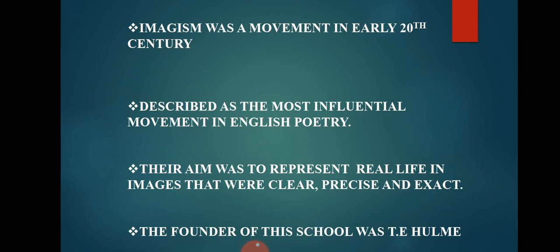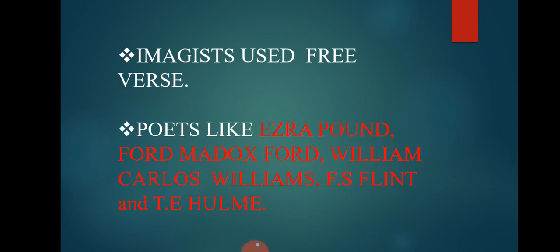As for the founder of this school, it was none other than T.E. Hulme. Moreover, the Imagists used free verse to compose their works, and the major Imagist poets are Ezra Pound, Ford Madox Ford, William Carlos Williams, F.S. Flint, and finally T.E. Hulme.